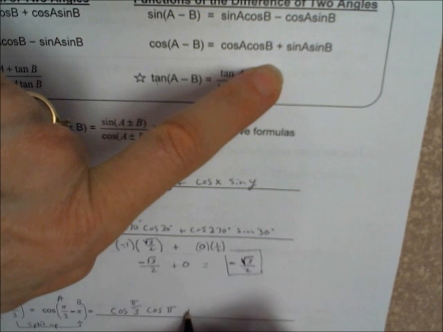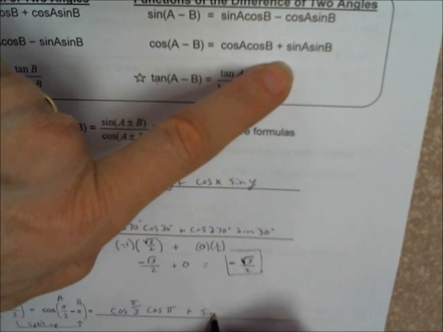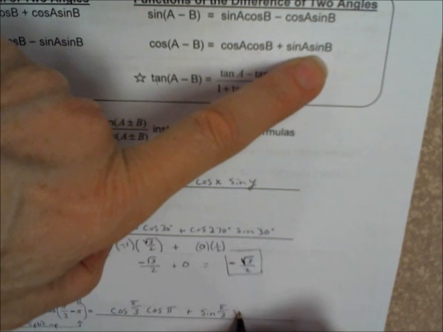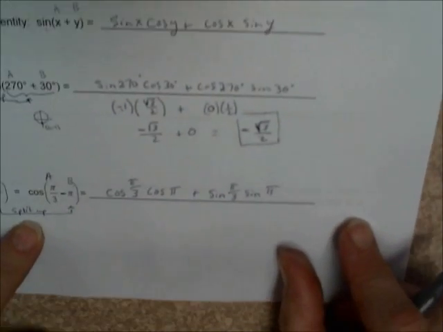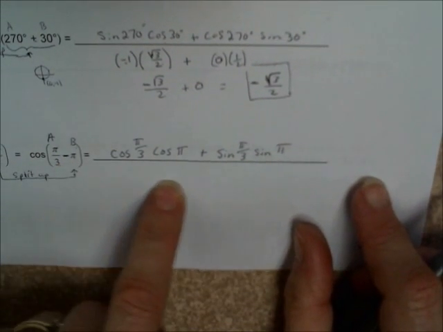And then we're going to add to that the sine of a, which is pi over 3, times the sine of b, which is pi. So that's using this formula, and we filled in the a and the b value.